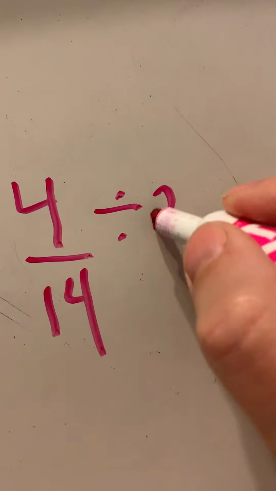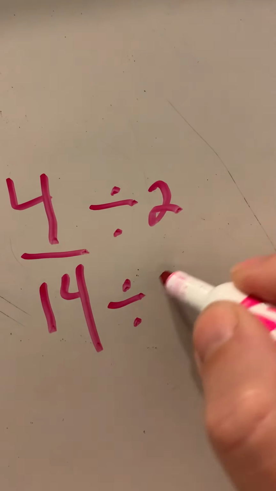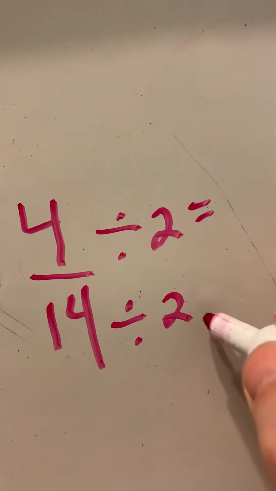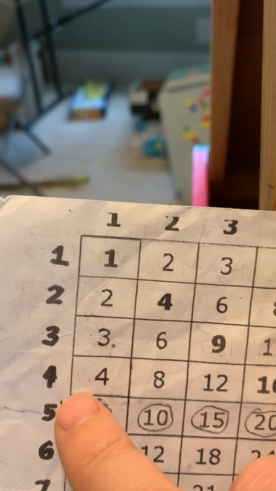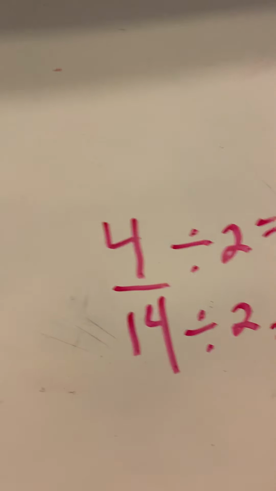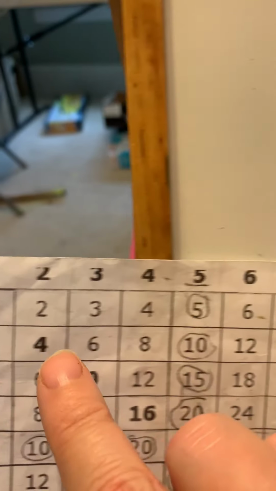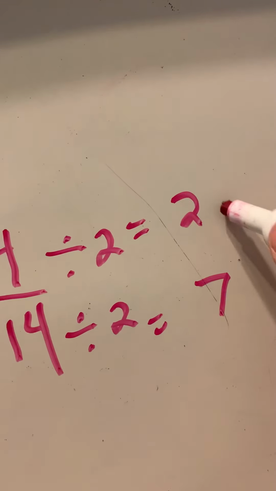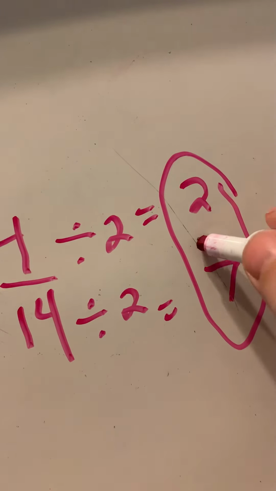So remember, it has to be the same number, top and bottom, that you're dividing by. So how many 2's go into 4? 2. How many 2's go into 14? 7. So now the new answer is 2 over 7.